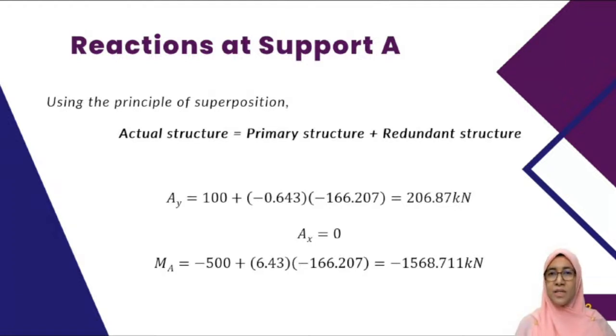We calculate reactions and internal forces to get the displacement, and displacement is the input in the compatibility equation. Solving the compatibility equation, we get the redundant, and once the redundant has been determined, we can continue to solve the remaining unknown reactions using either the equilibrium equation or the principle of superposition.